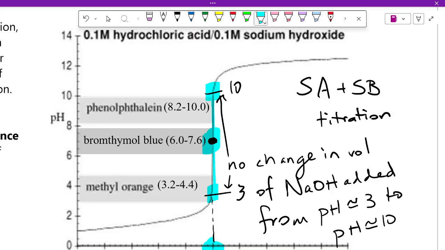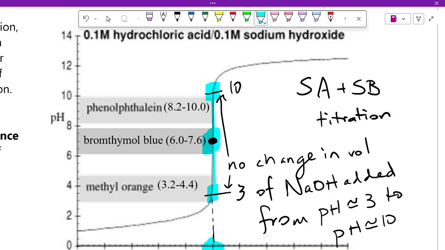If I chose the indicator methyl orange, which changes color at pH 3.2 to 4.4, what volume will it change color at? 25 milliliters. If I choose the indicator phenolphthalein, at what volume will it change color? 25 milliliters.